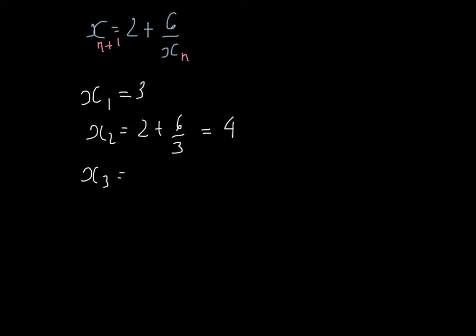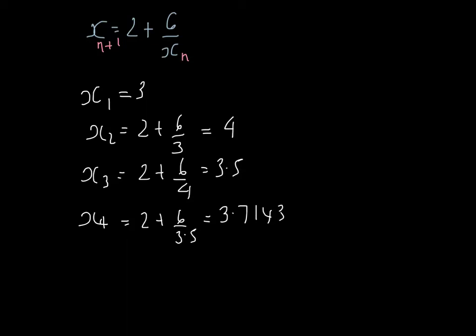Our x3 is going to be 2 plus 6 over 4, which gives us 3.5. x4 is going to be 2 plus 6 over 3.5, which gives us 3.7143. Keep pressing and pressing, and again we get the same solution to 4 decimal places of 3.4657.